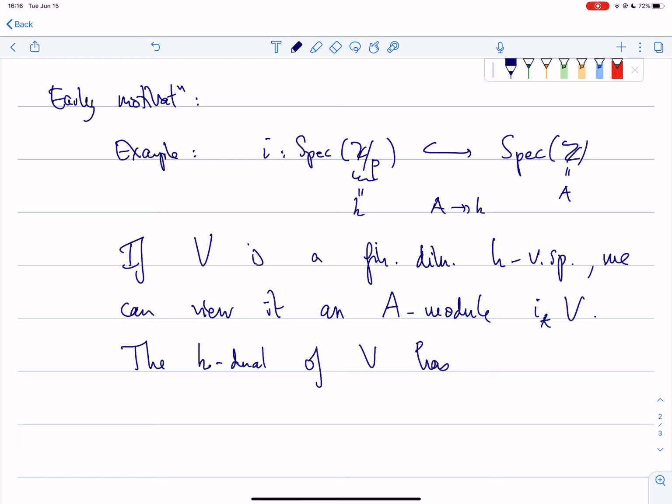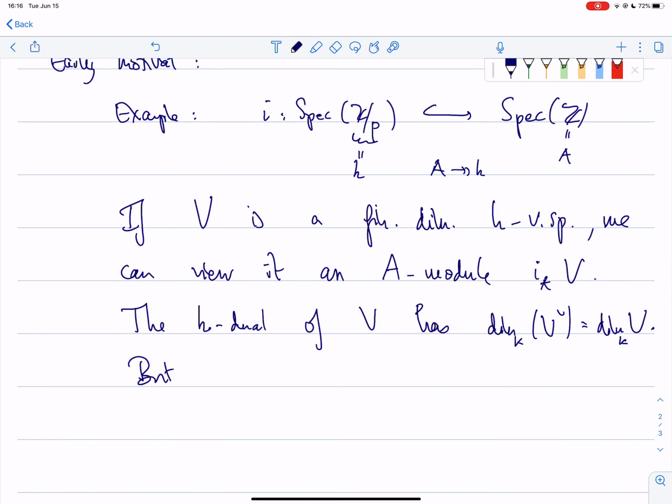If V had dimension D, then this dual would have dimension D as well, as K dimension, equal to that of V. But if you dualize over A, if you look at the homomorphisms over A of the same vector space but viewed over A, that will be 0, because simply this module is killed by P, it's torsion.